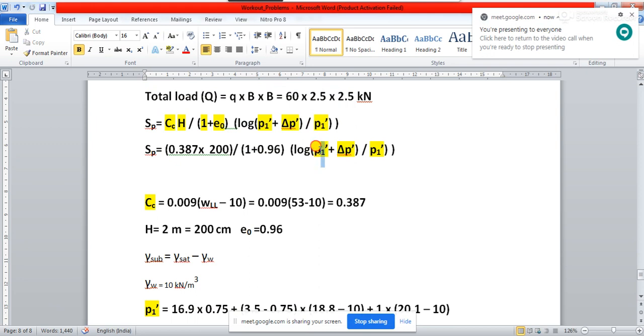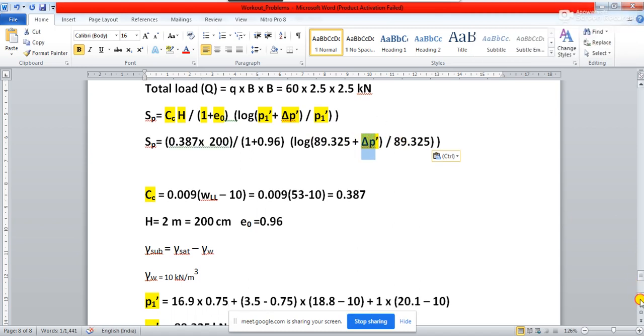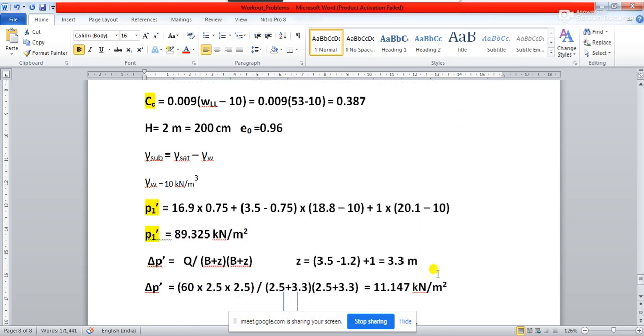So this is P1, so let us write over here. So 89.325 will go over here, it will also come down because this is also. And what is delta P we have calculated? 11.147, right?